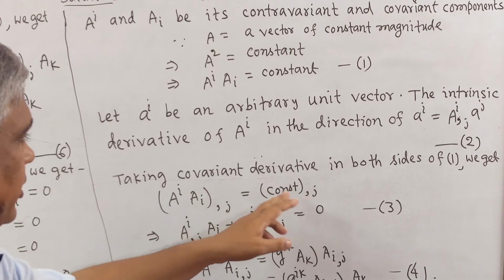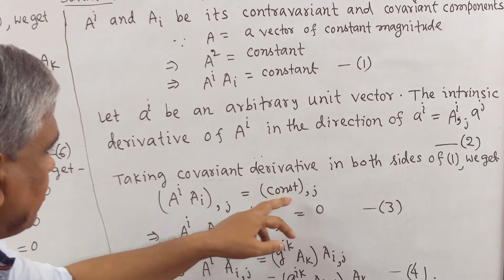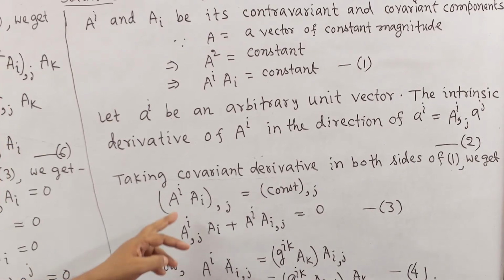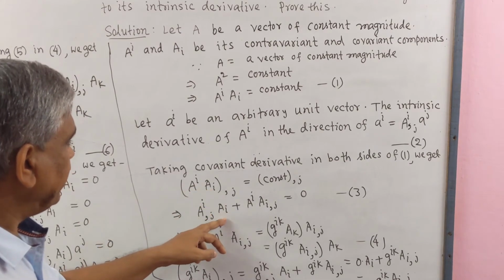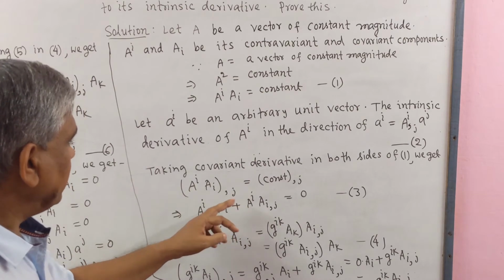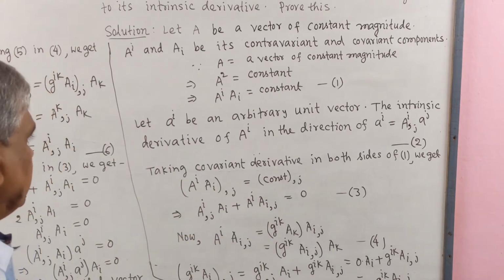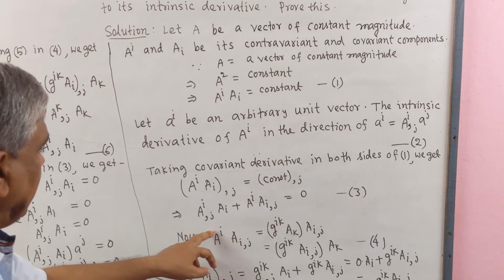Left side, also right side is constant, so the covariant derivative of the constant equals 0. The left side is the same as ordinary differentiation: covariant derivative of the first, the second remains the same, plus the first remains the same, covariant derivative of the second. This is number 3.